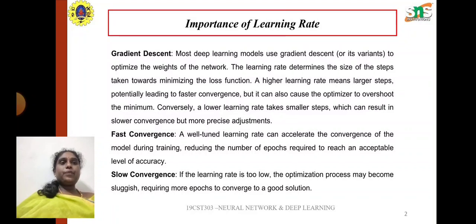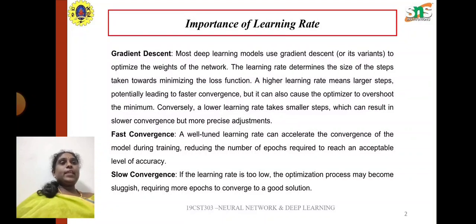the neural network. The importance of learning rate tuning: impact on the training dynamics and convergence speed. A properly tuned learning rate can lead to a faster convergence in the training process, reducing the number of epochs needed to achieve satisfactory results.